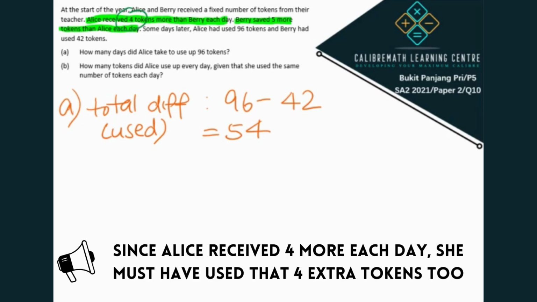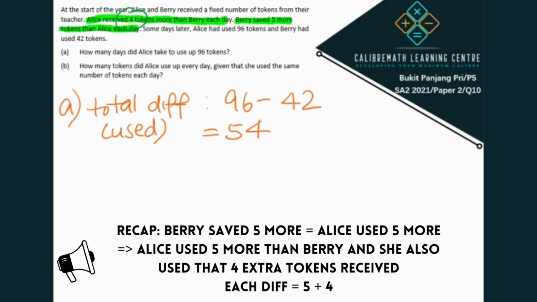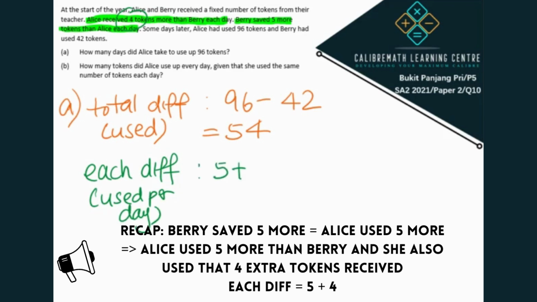So then, since we know that, it must have meant that Alice must have spent that 4 extra tokens that she had received. So that puts the each difference for the number of tokens that they used every day to be 5 plus 4, which gives us 9.